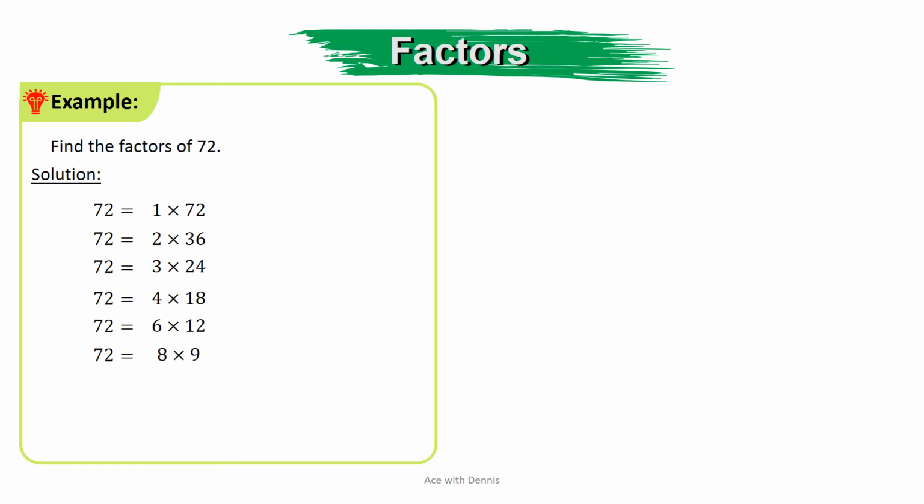And 72 equals 8 times 9. Hence, the factors of 72 are 1, 2, 3, 4, 6, 8, 9, 12, 18, 24, 36, and 72.